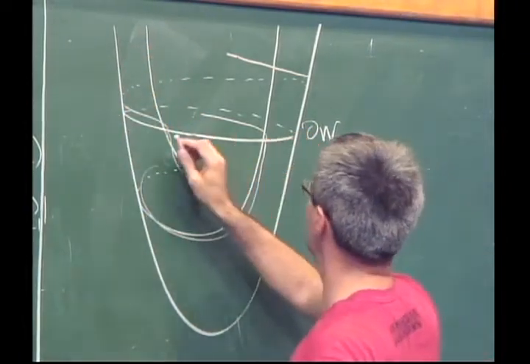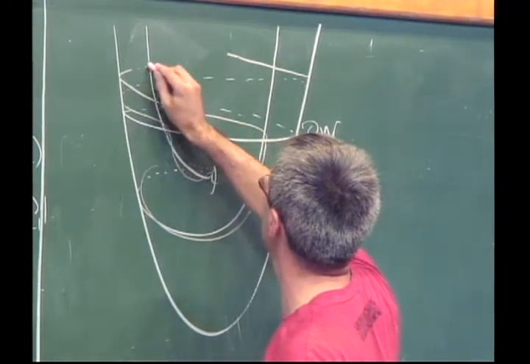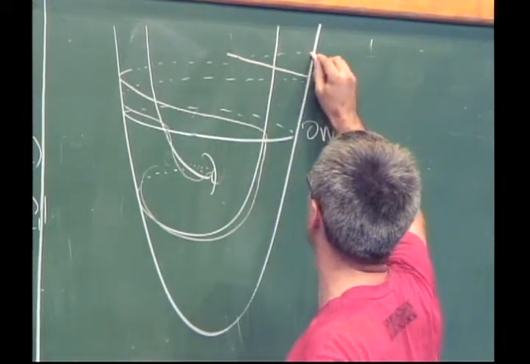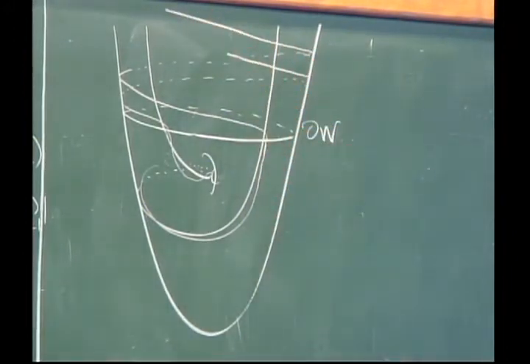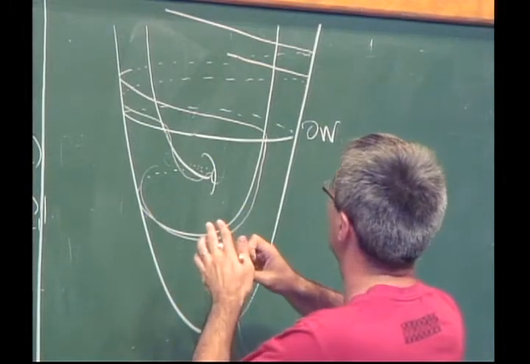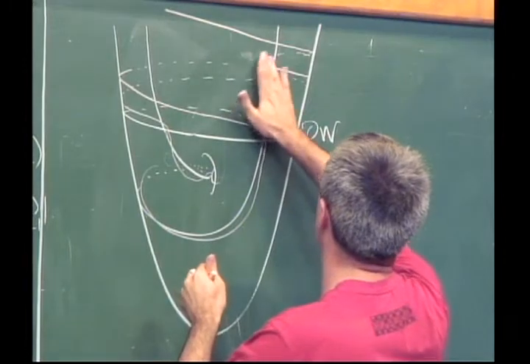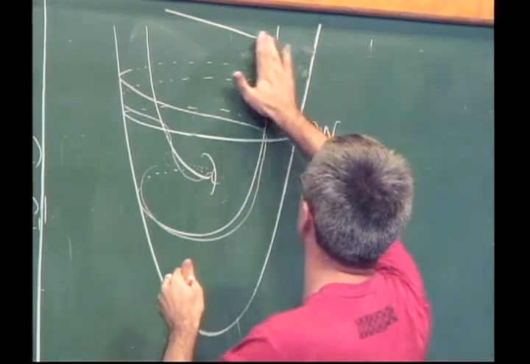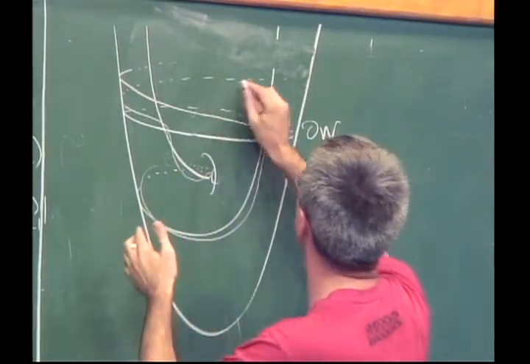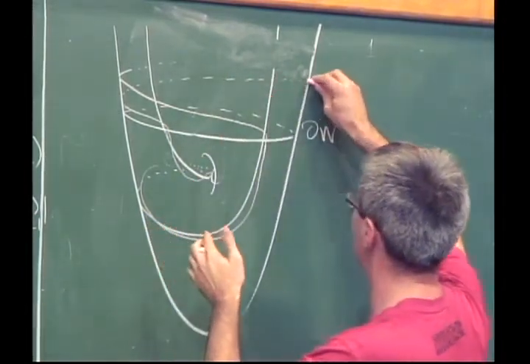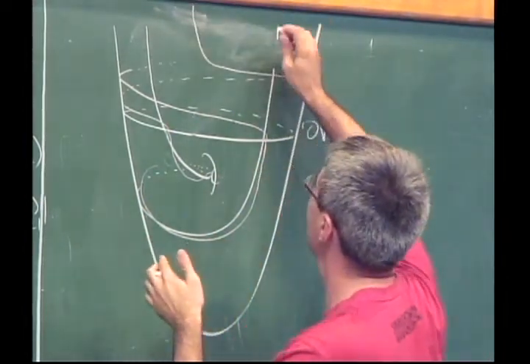And I'm going to see as intersection points exactly Reeb chords. Sorry, it has to stop at some point. So at some point I have to stop displacing, and say I reach here.